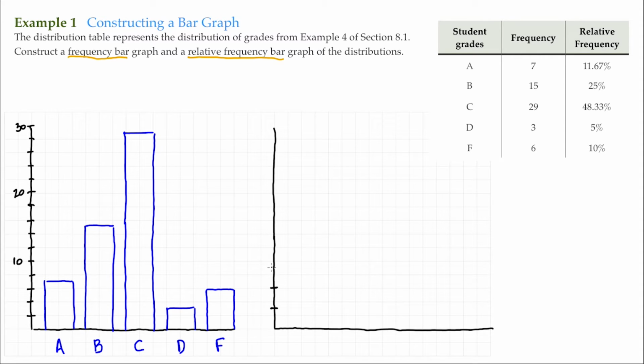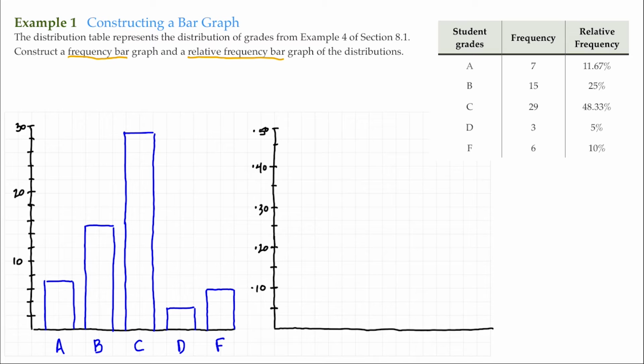So then here would be 15, 20, 25, 30, 35, 40, 45, and then of course we top out at 50. So I'm just going to go maybe 10, 20, 30, 40, and then 50.